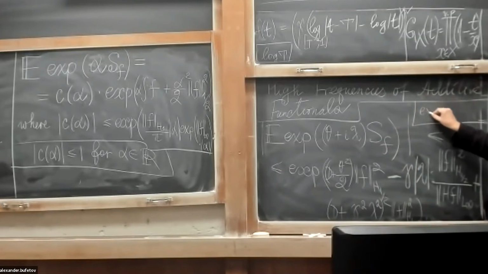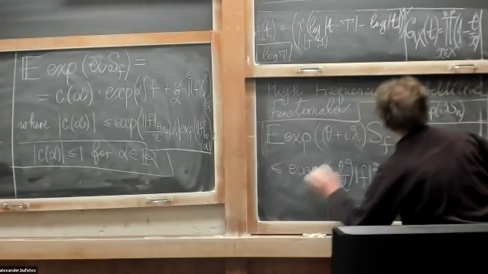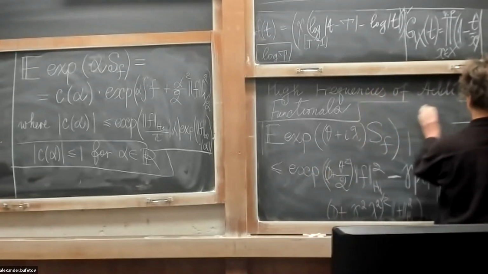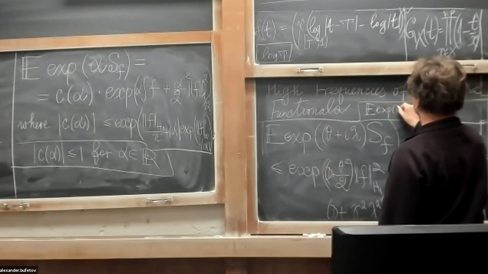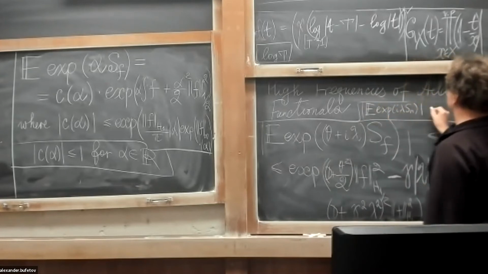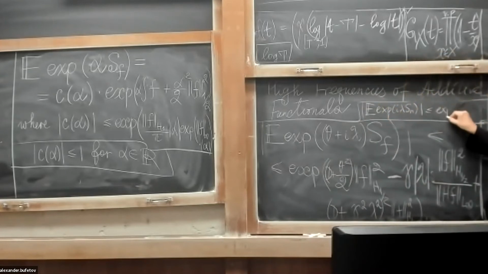So for some of independent random variables, the characteristic function, excuse me, let me note here, for some of independent random variables, the characteristic function has exponential decay. It seems very clear.